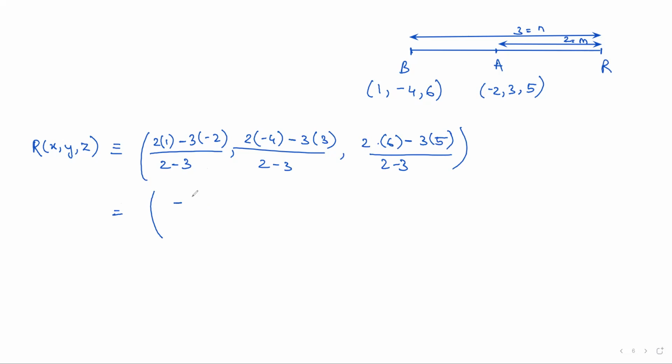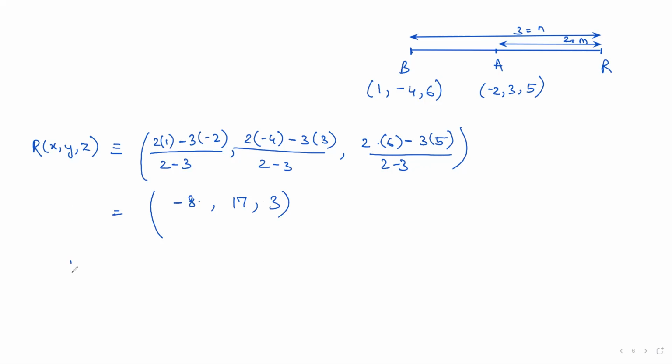So it is -8, comma, 2 into -4 minus 3 into 3, -8 minus 9 is -17 upon -1, which would be plus 17. 12 minus 15 is -3 upon -1, which is plus 3.